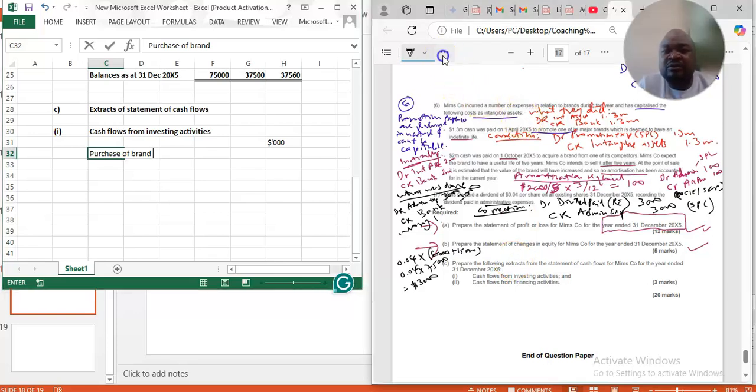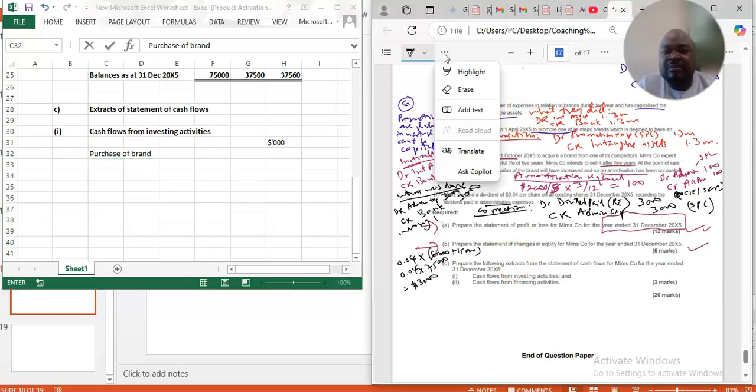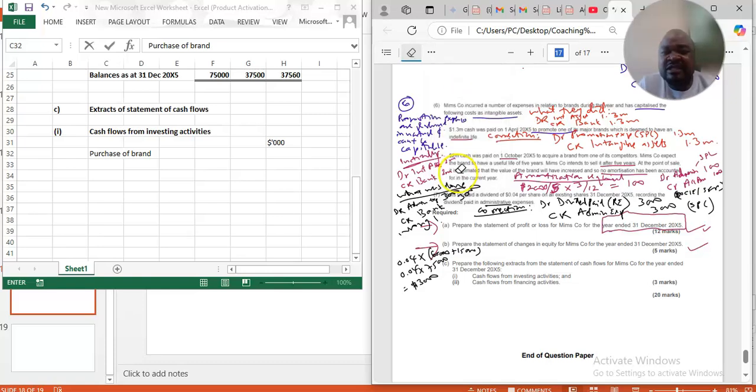Please allow me to do some cleanup, because some of the things are now messy. We no longer see properly what's going on, but it's very simple to see. There was 2 million to acquire the brand from its competitor.